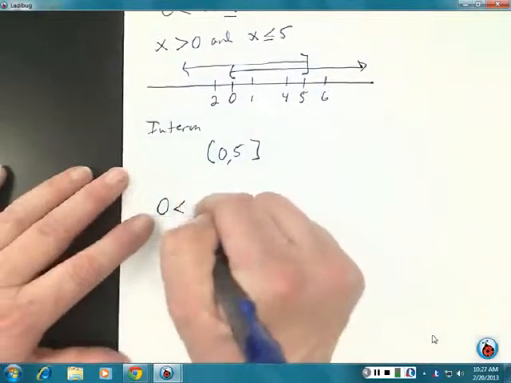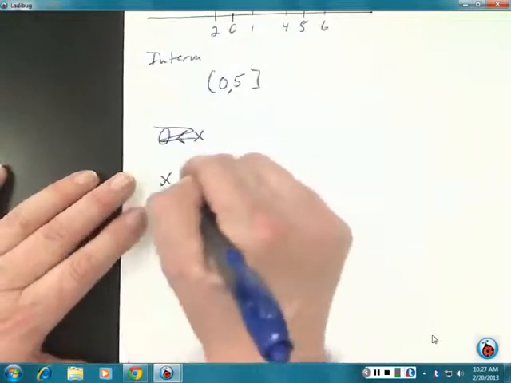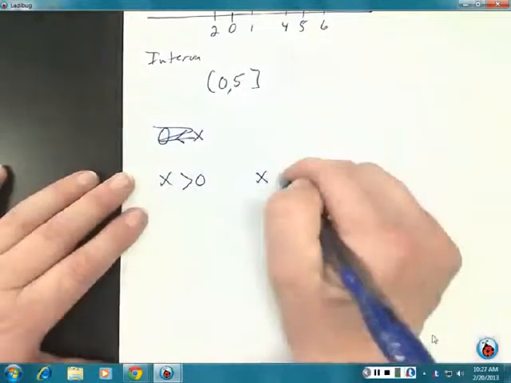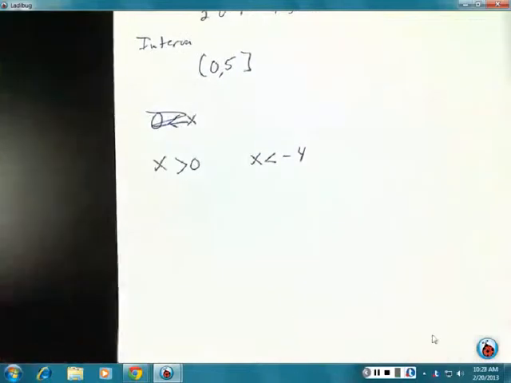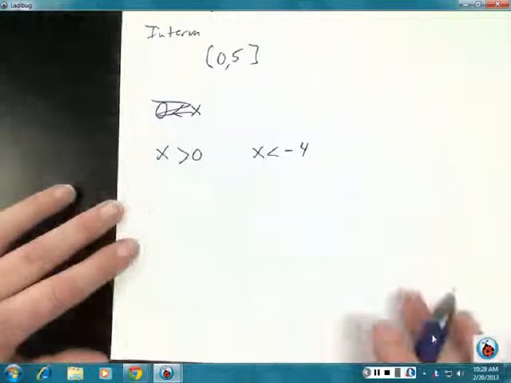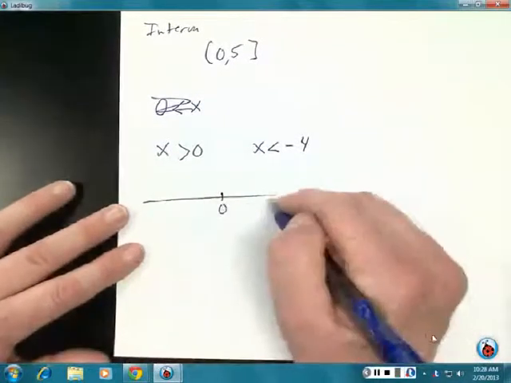So let's do it this way. x is greater than 0, but at the same time x is less than a negative 4. What's this one going to look like? Alright, so 0 that way, -4, x is less than.